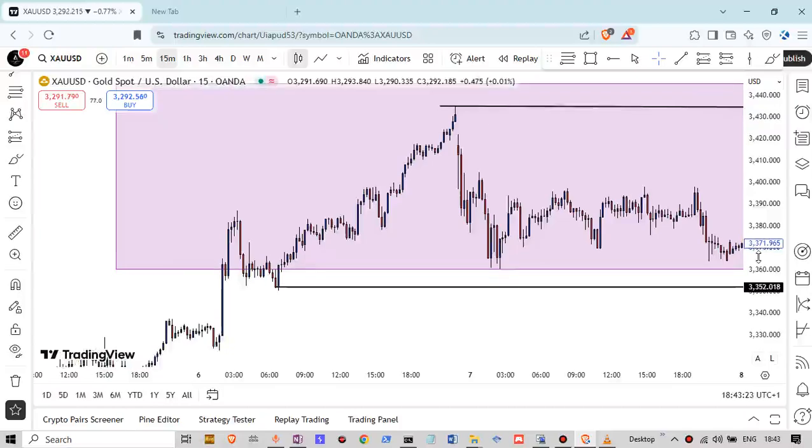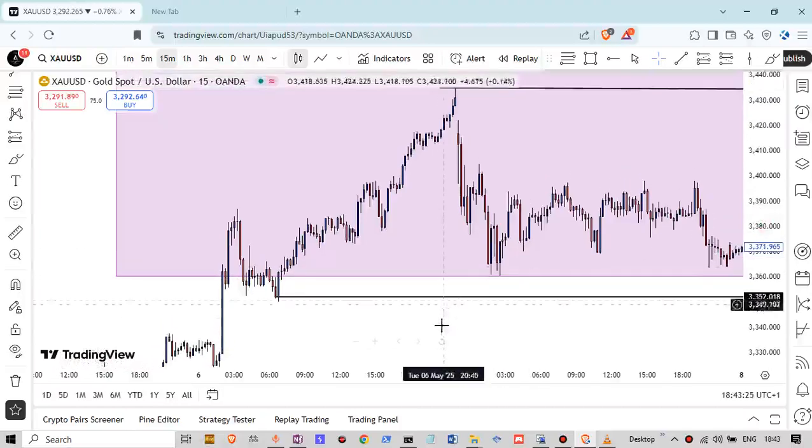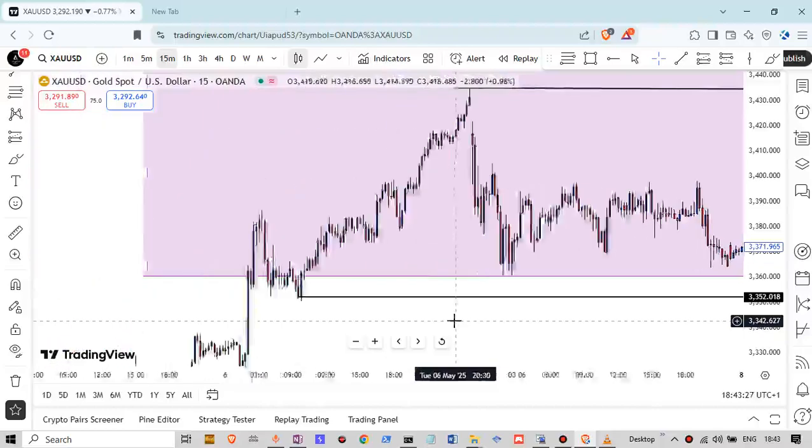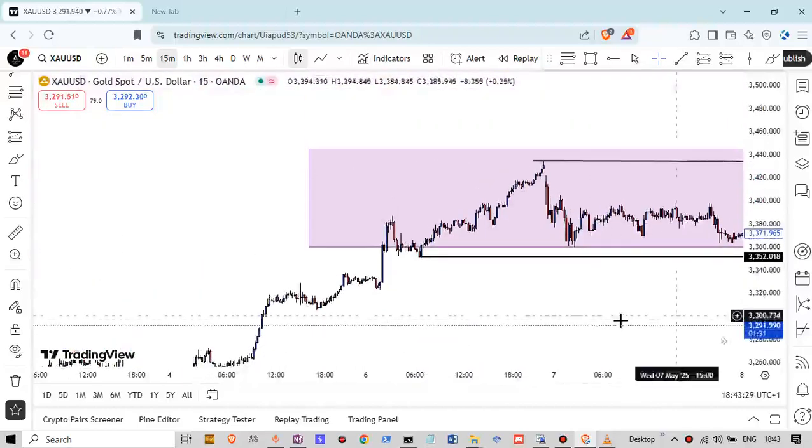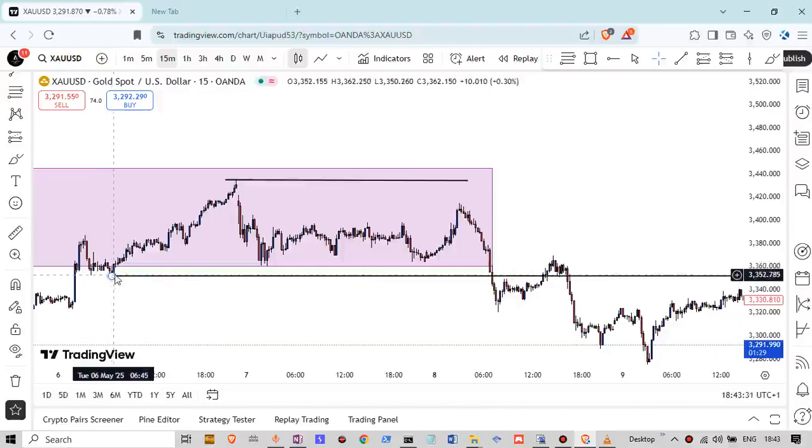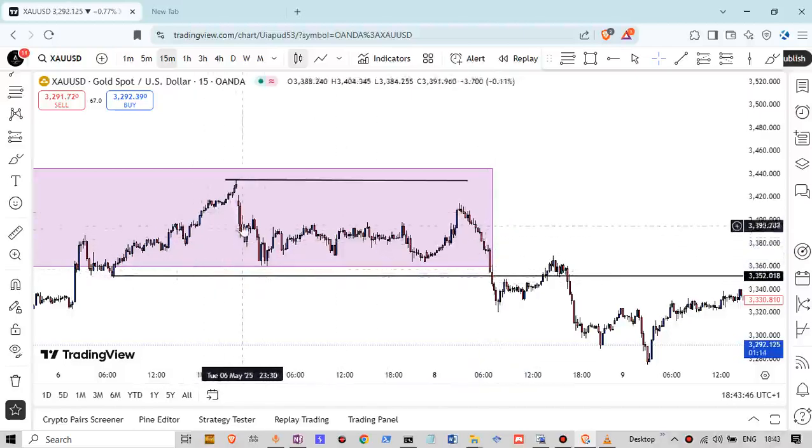At this point in time where this low was broken to the right side, it is definitely a change of structure. But you might not want to wait that long. You might be like, even within this box, can't I still pick something?